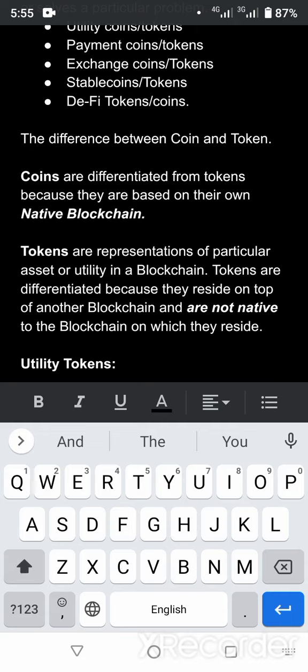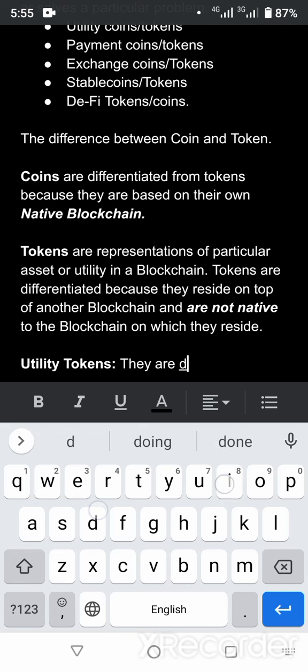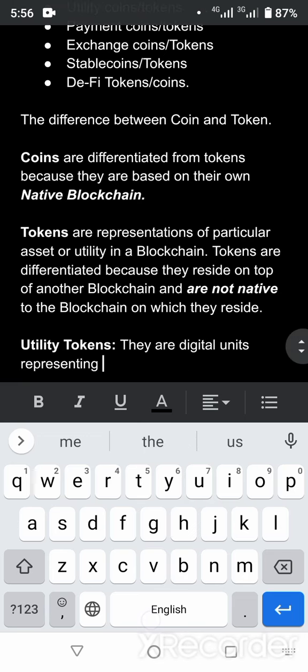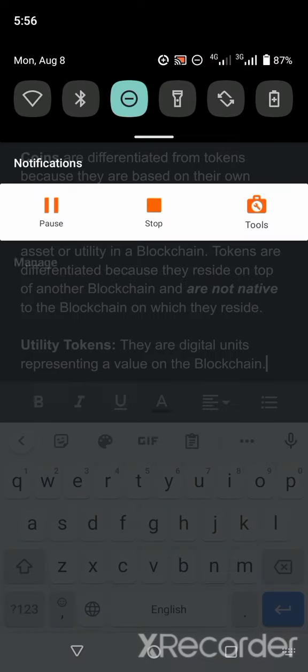So, utility tokens, they are digital units representing value on the blockchain.